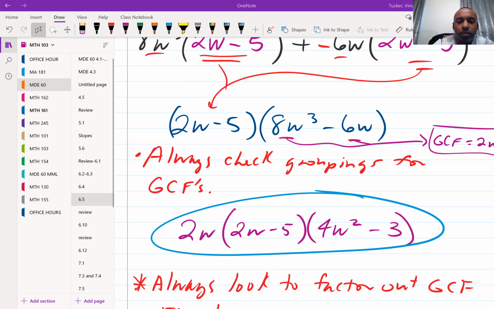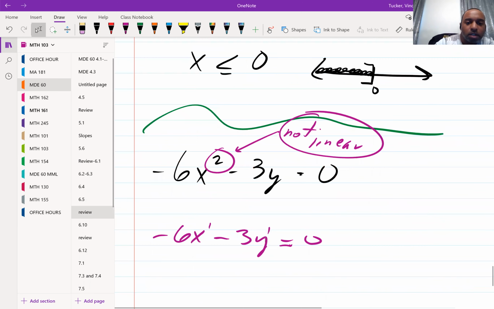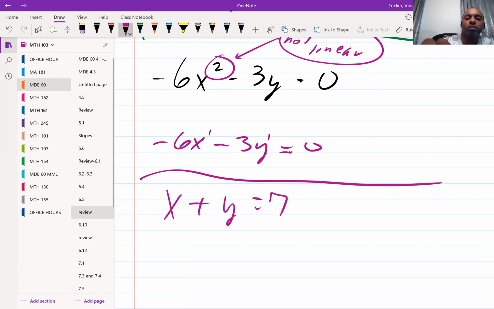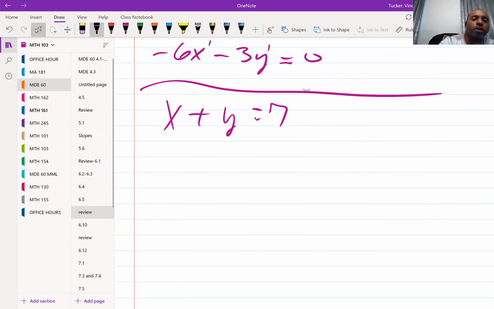All right, x plus y equal to 7. How would you graph that? Let me get back to the notes page because I know you guys are on it. So x plus y equal to 7. You can create an XY chart.